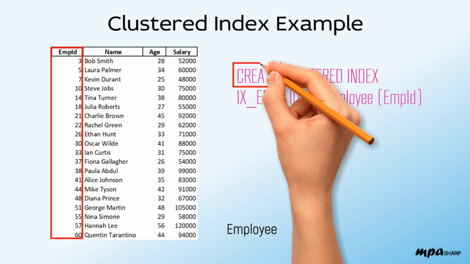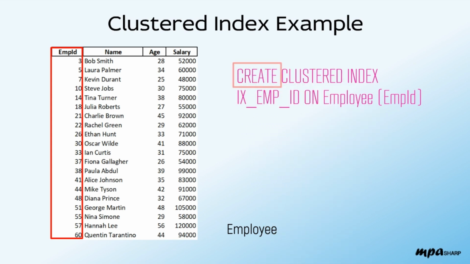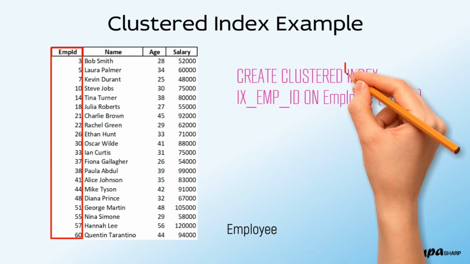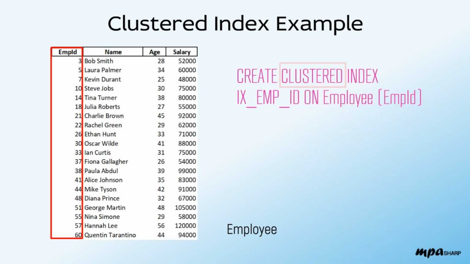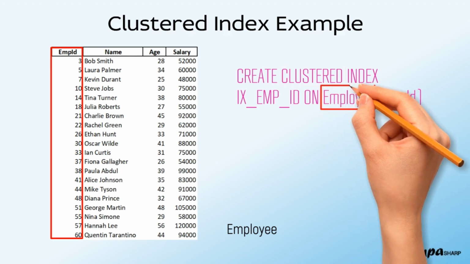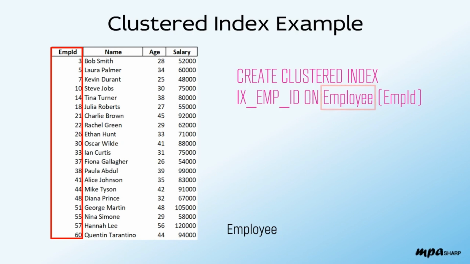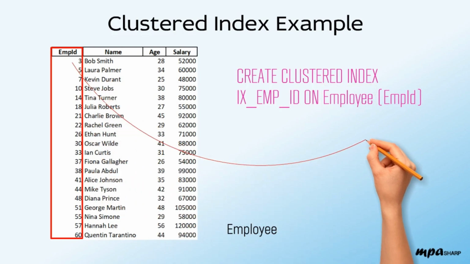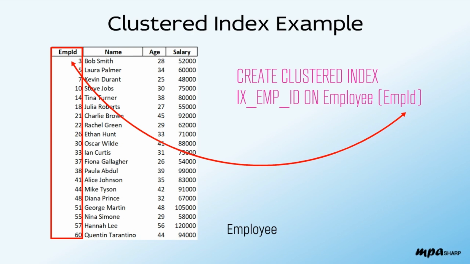So it's the create keyword, and then we specify what type of index, clustered index, and then we specify the name of the index, and after that we say on what table, the employee table, and then inside the brackets we specify which column we want the index on.